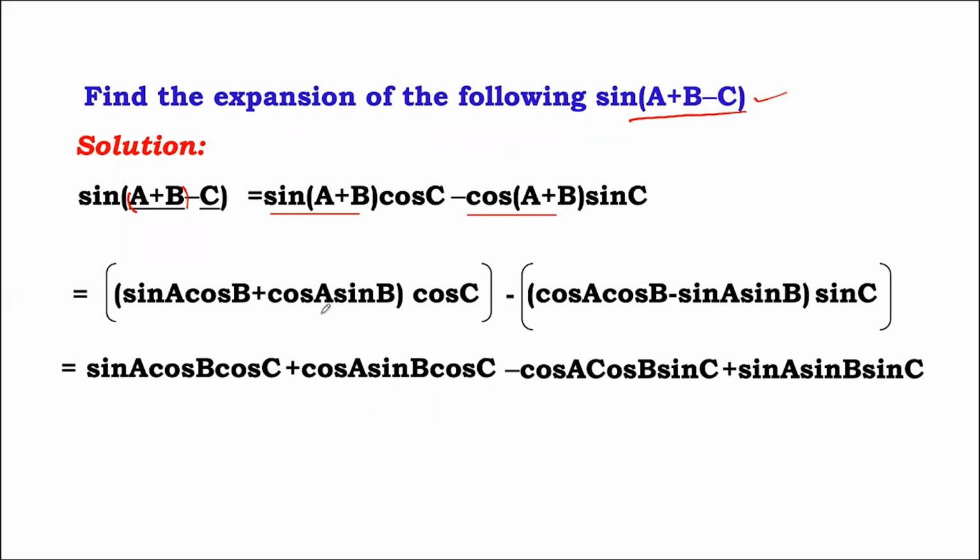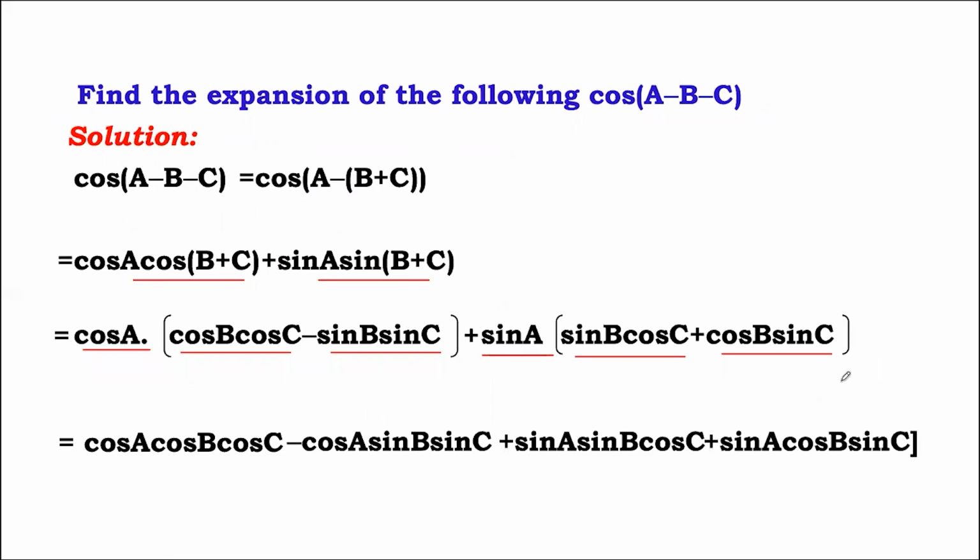Expand this: sine a plus b, you can write with cos c, and cos a plus b, you can write with sine c. The complete formula is sine a cos b cos c plus cos a sine b cos c plus cos a cos b sine c minus sine a sine b sine c.